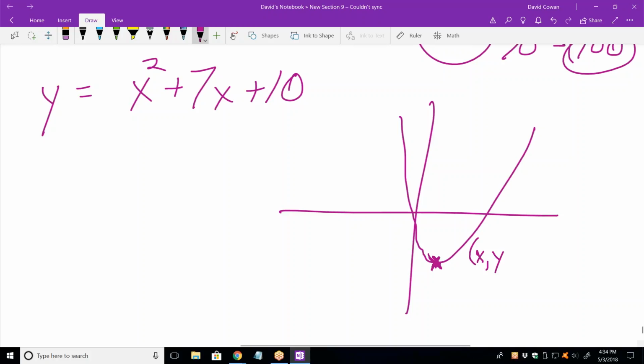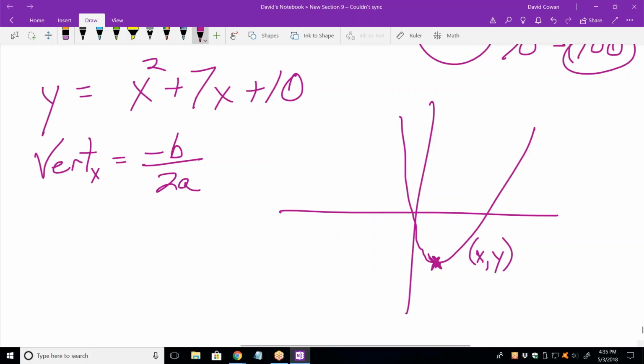That's always the first thing I want to know. A couple of ways to do it, but one that I think is the easiest in a lot of problems is if I want the x coordinate of the vertex, it's minus b over 2a.